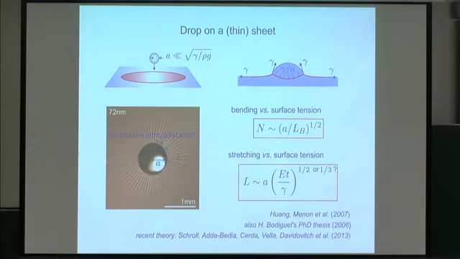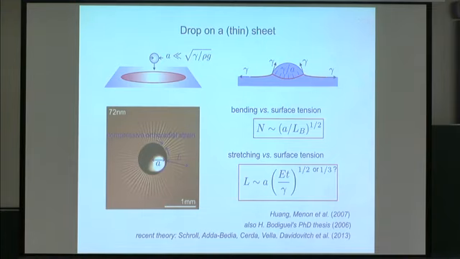If you measure the typical length of these wrinkles, this length scale is defined by the balance between stretching and surface tension, and should be proportional to the radius of the sphere times this non-dimensional number that we had before. Is it 1/2 or 1/3? There is still some little debate. I guess the last version is 1/3, but maybe Dominique, if he's around, can confirm.